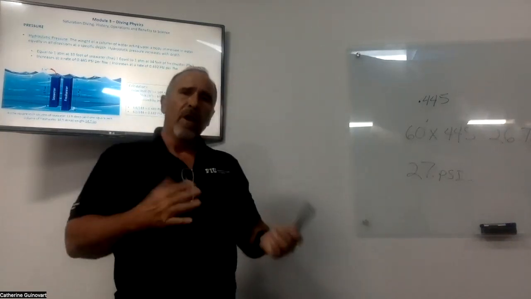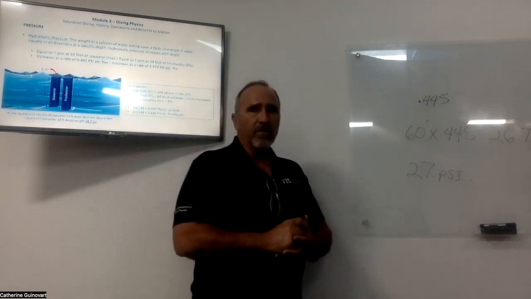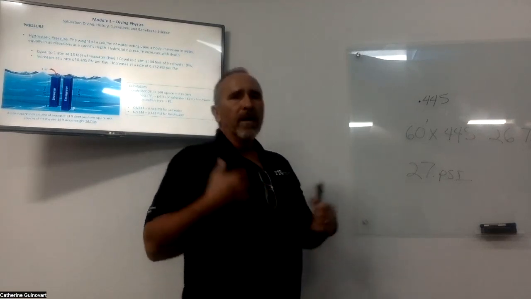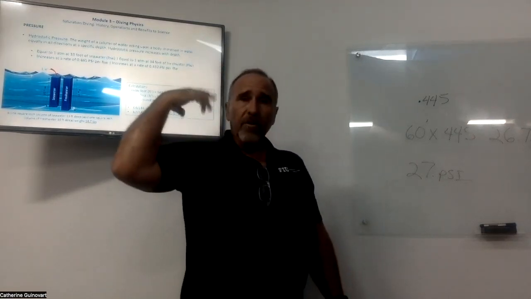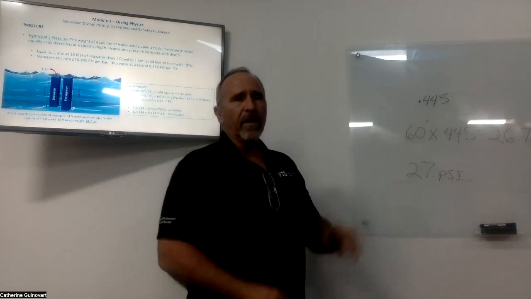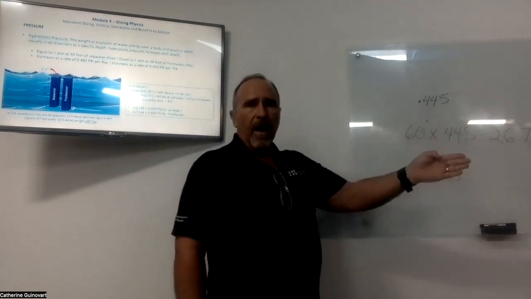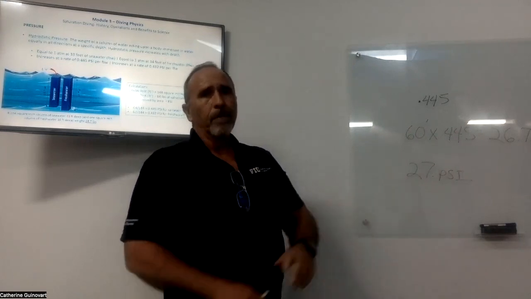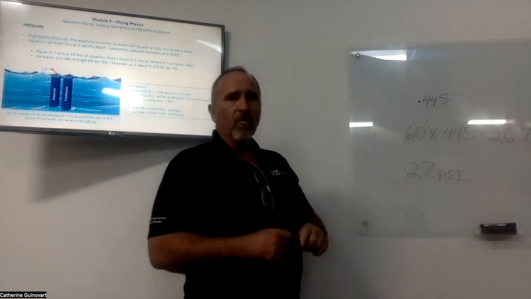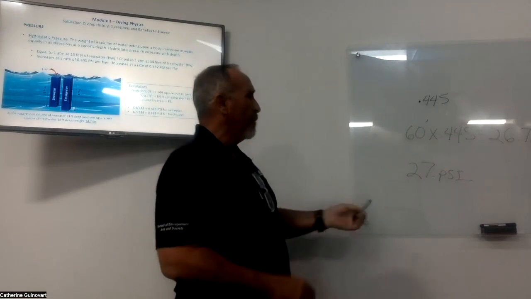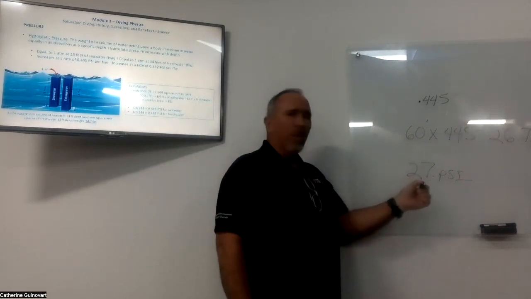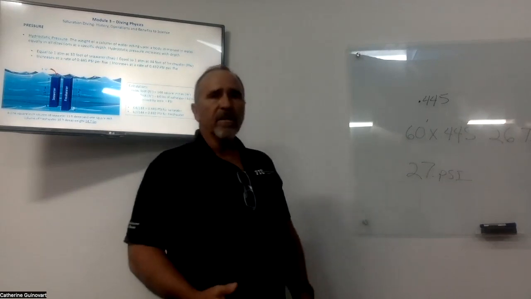All right, so let's take the regulator analogy that I was using. If you take your scuba regulator with you in your tank, and you guys are familiar with that, you have your first stage regulator that reduces the high pressure to a workable pressure or breathing pressure that works against the surrounding water pressure so you can breathe easy. Imagine if I set that first stage regulator to 27 psi and you go to 60 feet.